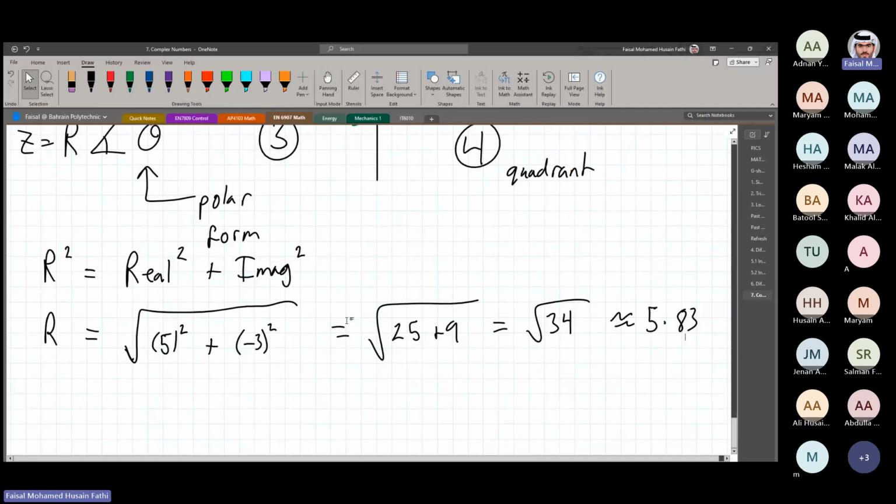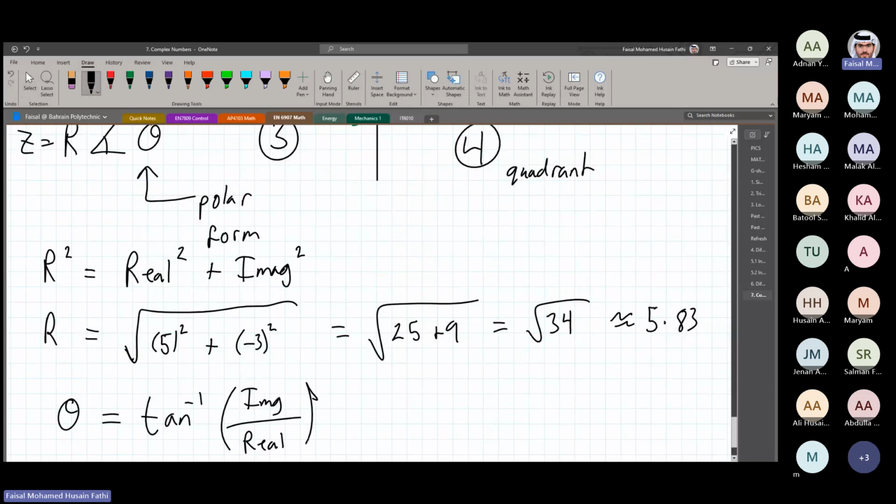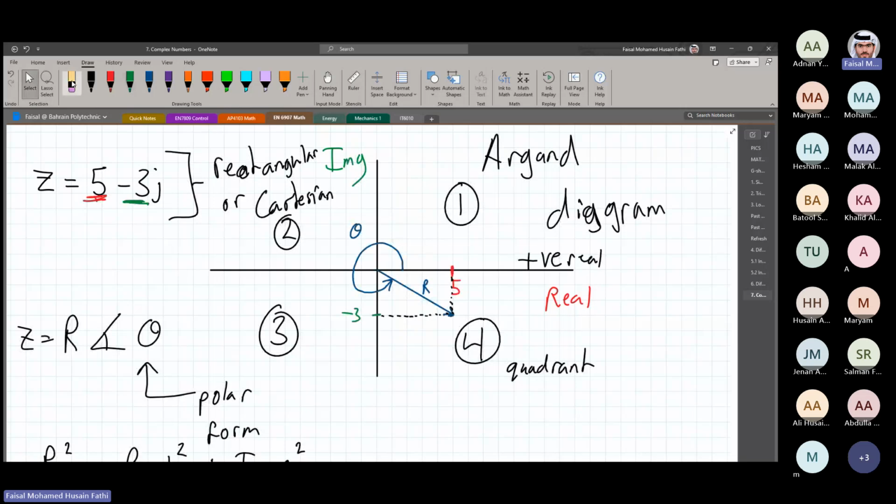Excuse me. The second part is finding your theta. Theta is equal to the tan inverse of the opposite, imaginary part, over the adjacent, the real part. Keep in mind, this theta I am talking about is actually not this. We are talking about this value now. This theta that we are getting out.